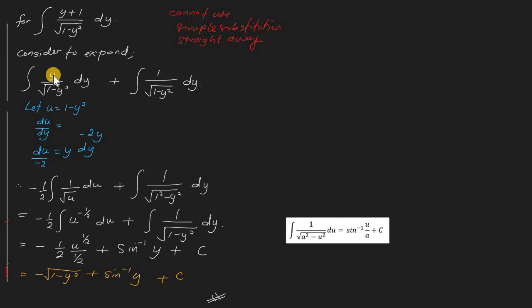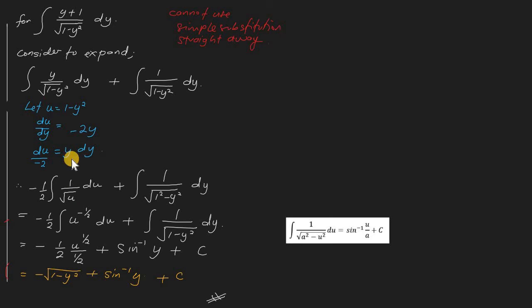For this portion, because there's a y dy there, we say that the denominator value is u, 1 minus y squared. And when we differentiate, we get a nice negative 2y.